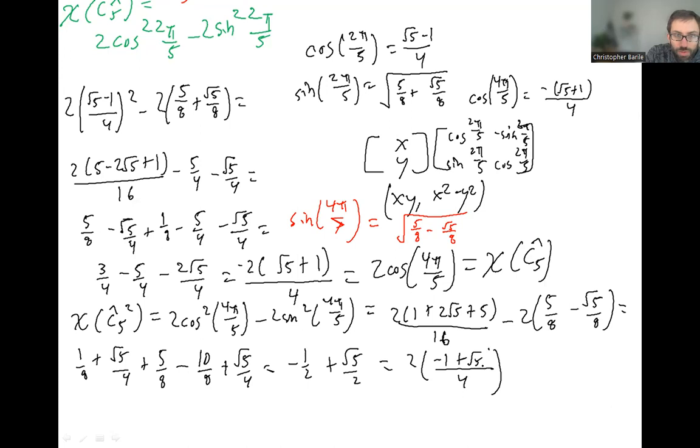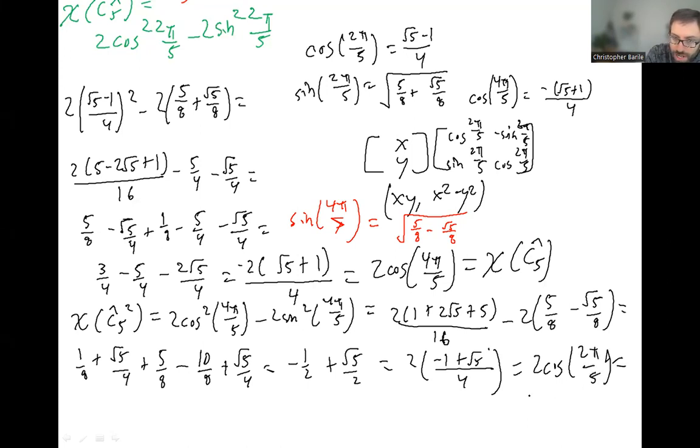And so what that is, if we go back to our relationships up here, is actually the same thing. I just wrote it backwards, but root 5 minus 1 over 4 is right here. So that's cosine 2 pi over 5. And so miraculously, this just simplifies to 2 cosine 2 pi over 5.